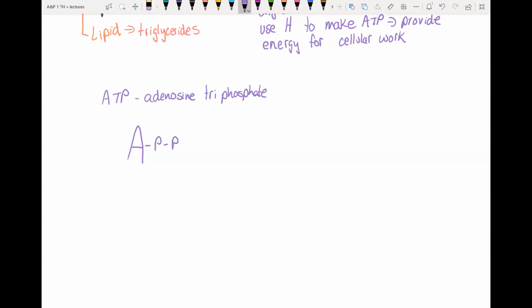So P represents phosphate. The lines represent the bonds, so these are bonded together. So these 2 lines here represent the bonds that are holding the phosphates to the adenosine. This one that's all curly like a spring is a high energy bond. So if you break this bond, a lot of energy is released.